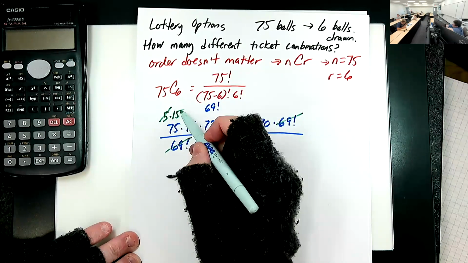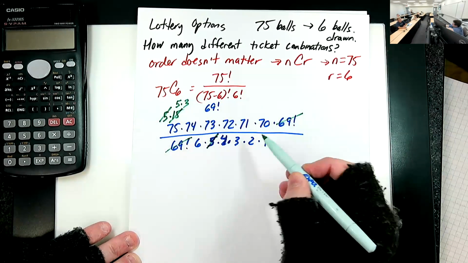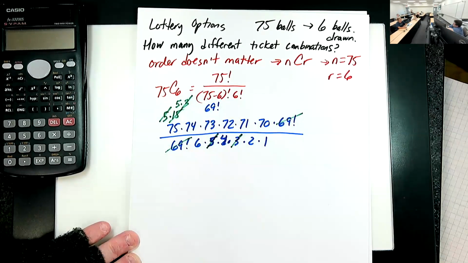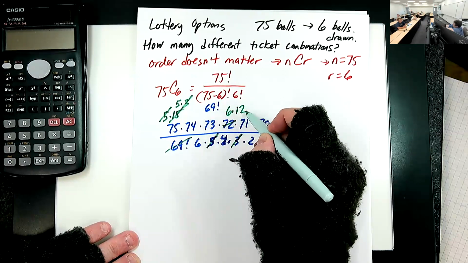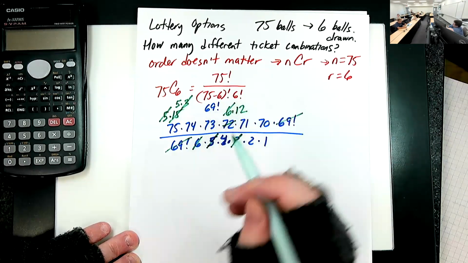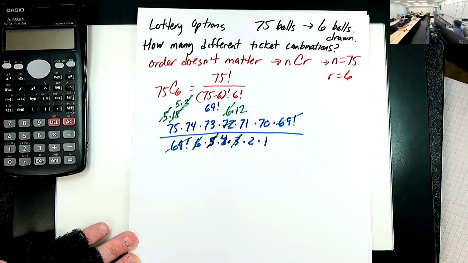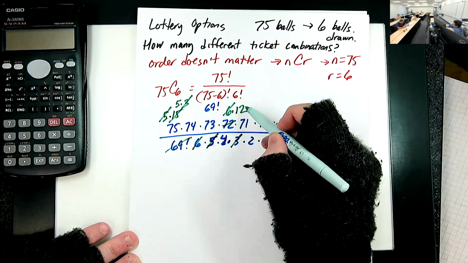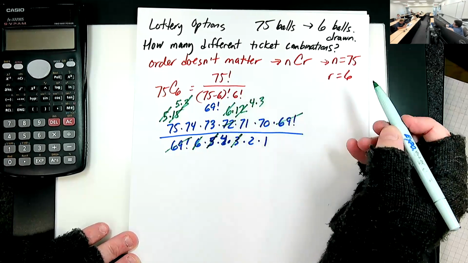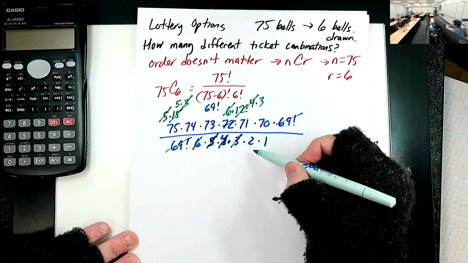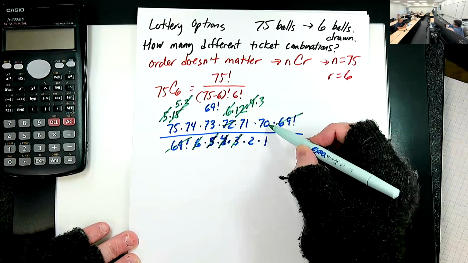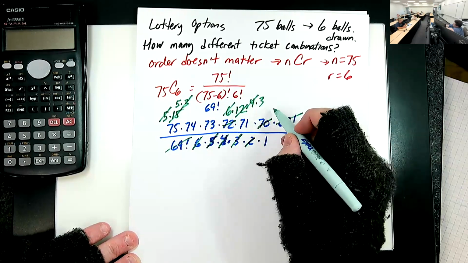In fact, 15 is 5 times 3, so I can cross off the 3 as well using this. 72 is 6 times 12, so I can cross off the 6. 12 is 4 times 3, that's where I was thinking next. 4's go away. And I can divide 2 into any of the even numbers. 70 is an even number. I can do the 70 to the 2 and have 35.